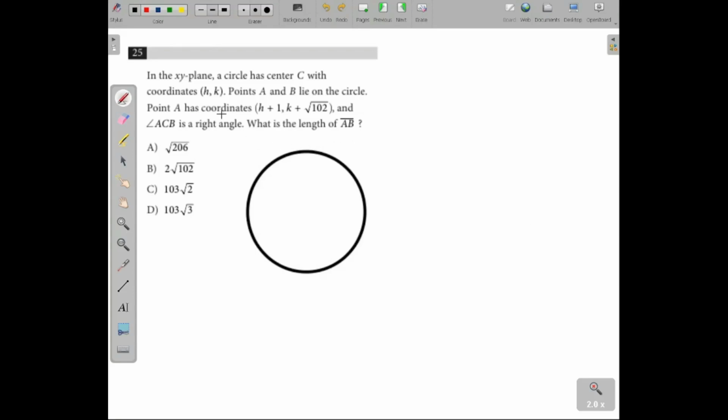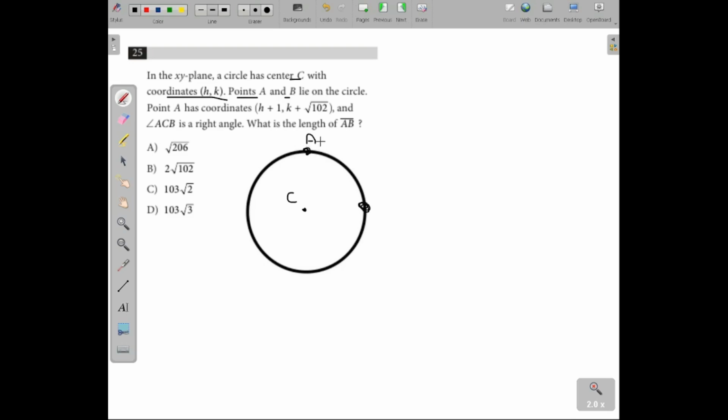Number 25. In the xy plane, a circle has a center C. The center is C with coordinates h and k. Points A and B lie on the circle, so they could be right here.